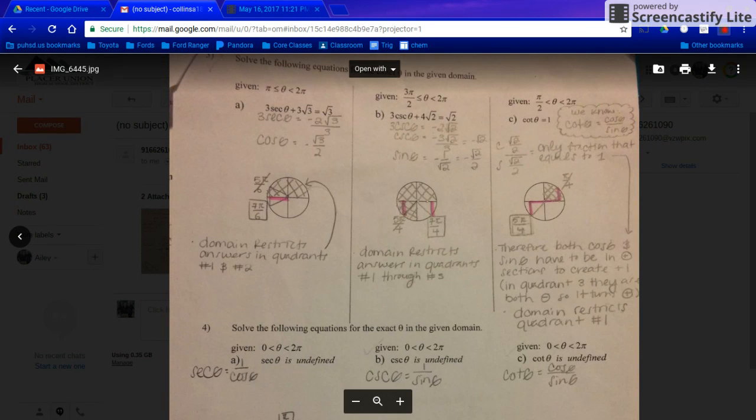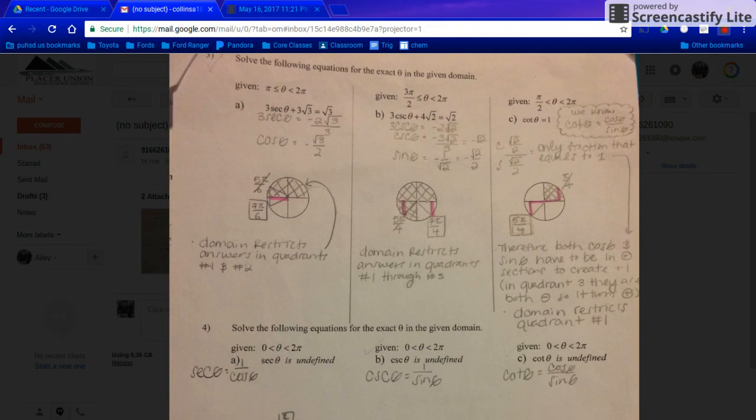And for 3b, the first thing you want to do is simplify the equation by subtracting 4 root 2 from both sides, and you get 3 cosecant theta, which is equal to negative 2 root 2. And then you divide each side by 3, which gives you cosecant theta is equal to negative 3 root 2 over 3, which simplifies to negative root 2.